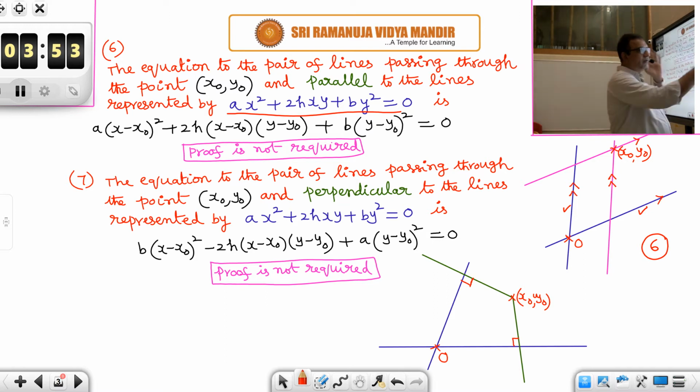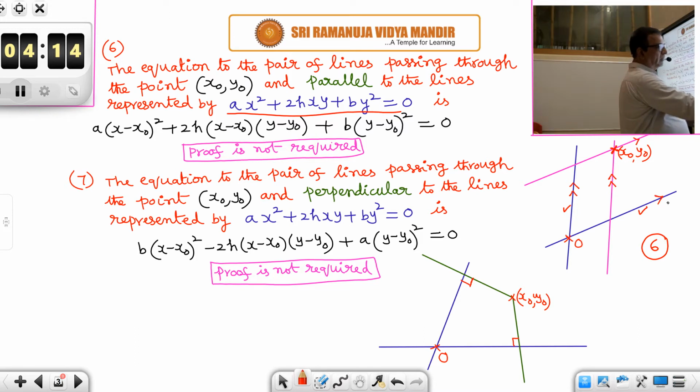Now a point x0, y0 is given somewhere in the plane. What we want is two lines passing through x0, y0 and parallel to the lines represented by the original equation. They are shown in pink color.